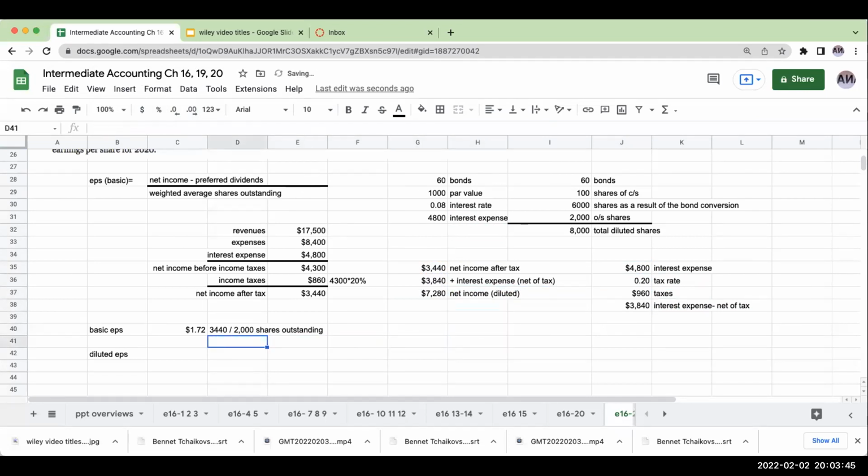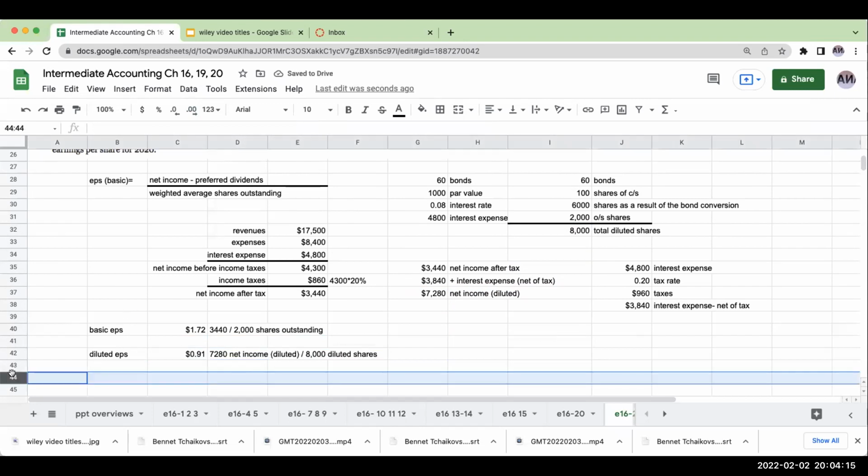In computing my diluted earnings per share, this is going to be $7,280 divided by my total diluted shares of 8,000, or 91 cents. So that's the answer to the first part of the question.